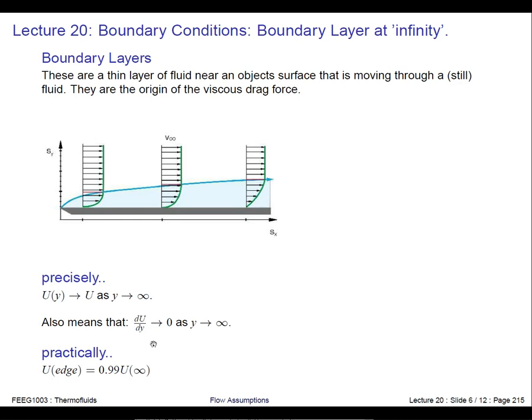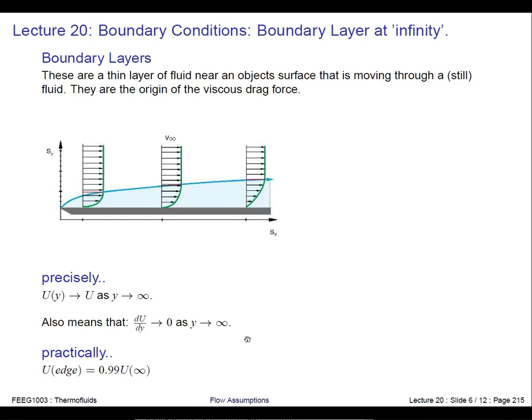And the gradient of the velocity, the change of the velocity in the horizontal direction with respect to y, gets smaller and smaller as you get further away from the wall. But this is very difficult to apply mathematically.